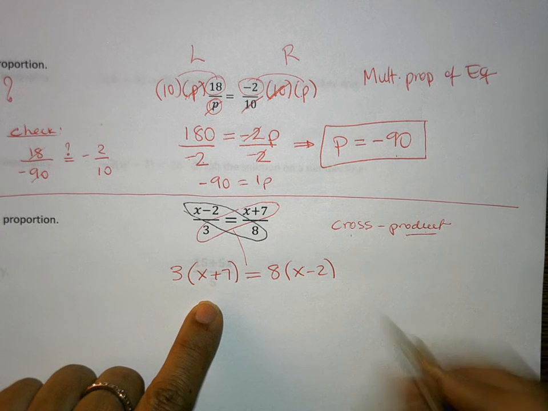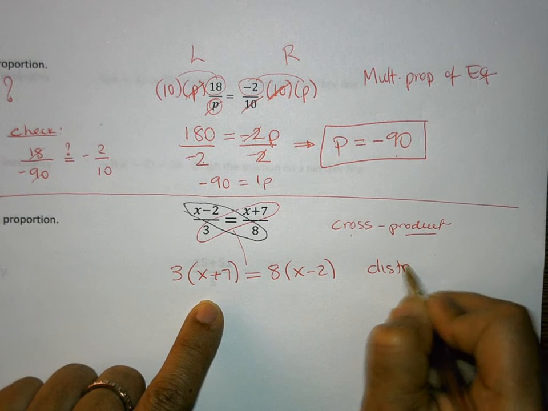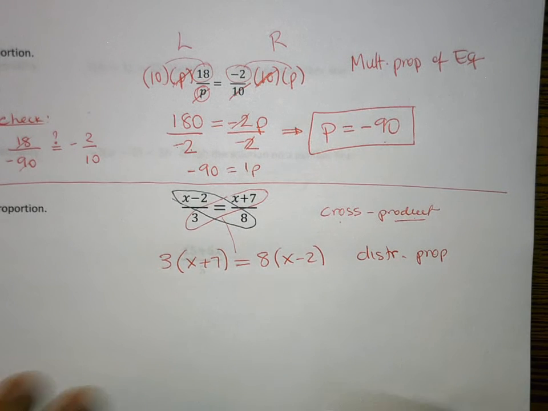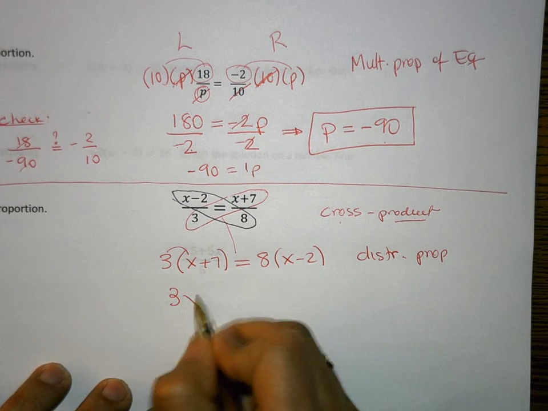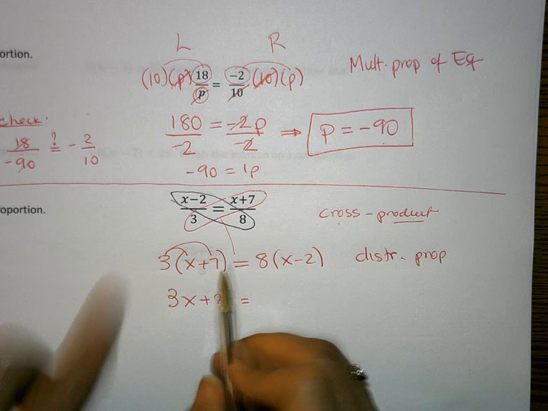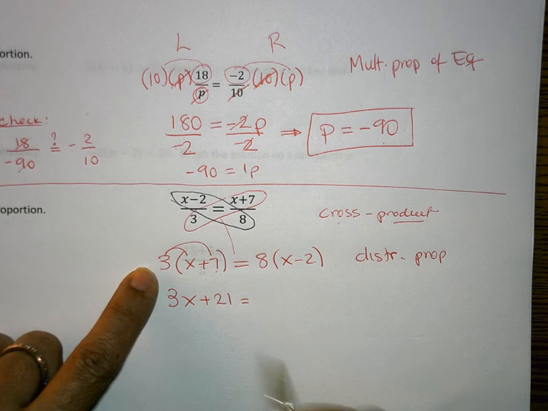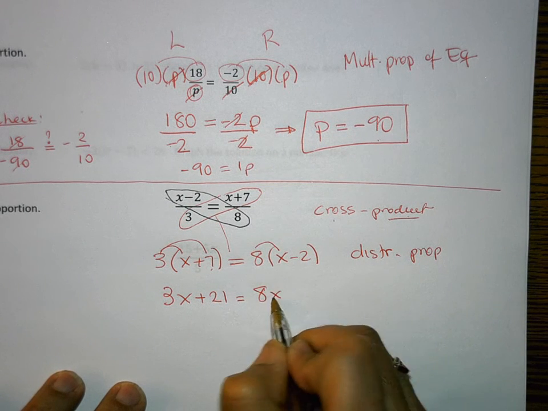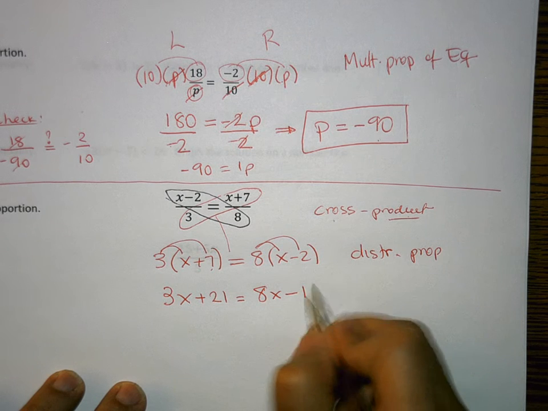So I need to use my distributive property before I can go any further. So 3 times x is 3x, and 3 times 7 is positive 21, because positive times positive, it's positive. And then 8 times x is 8x, and 8 times negative 2 is negative 16.